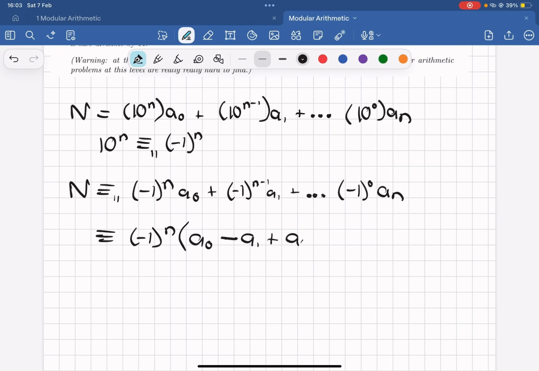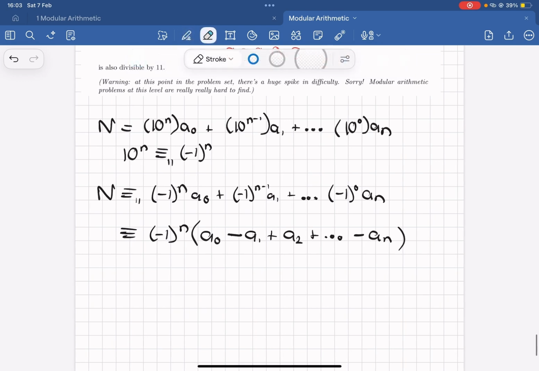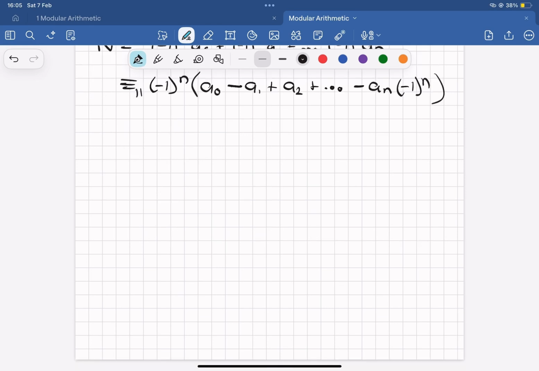We have plus a2 up until plus or minus an. And since we're doing minus 1 to the 0, which is just 1, divided by minus 1 to the n, we have simply minus 1 to the n.